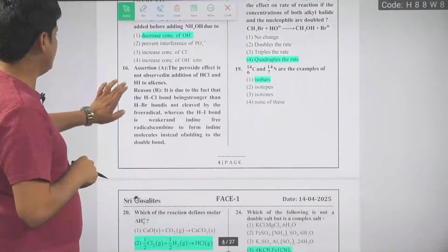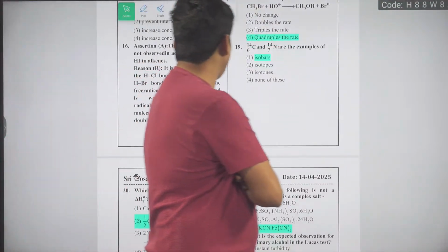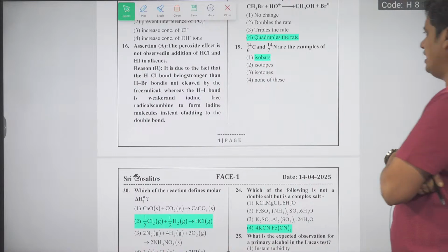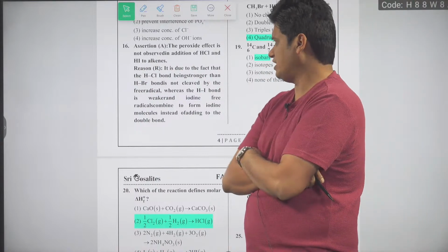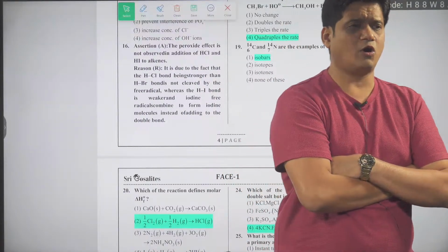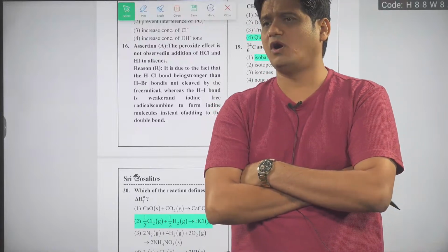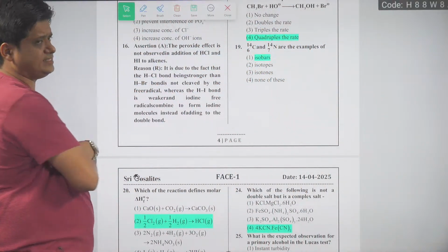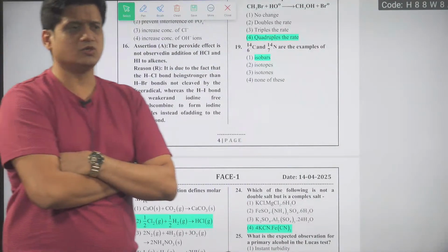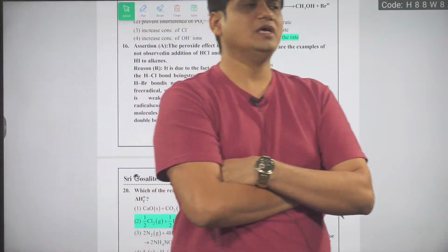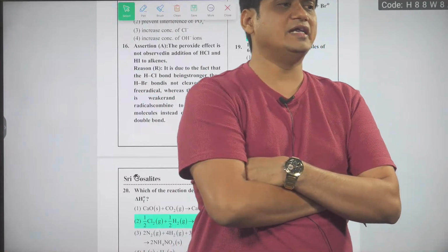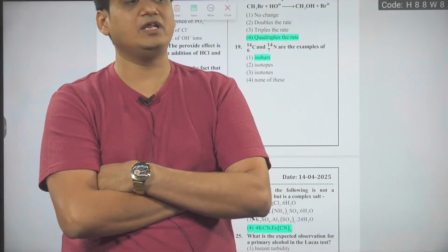Question number 16. Peroxide effect is not observed for the addition of HCl and HI to alkene. Perfectly right. You know peroxide effect is observed with HBr, not with HCl or HI. What is the reason? In case of HCl, bond is strong, so homolytic bond fission is not observed. In case of HI, bond is weaker, but iodine radicals combine to give iodine molecule.